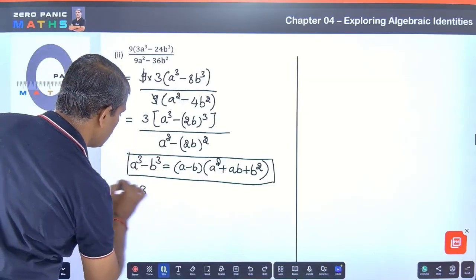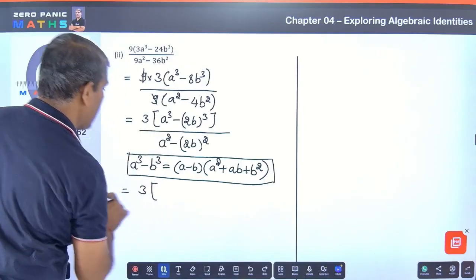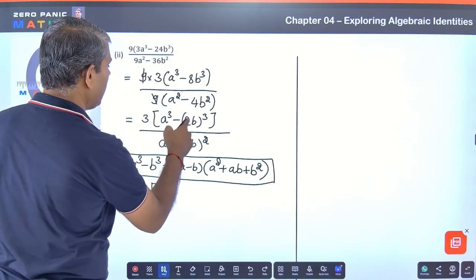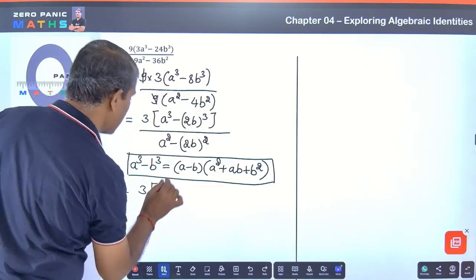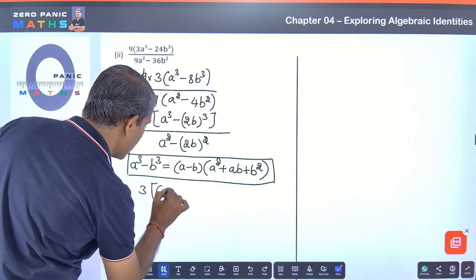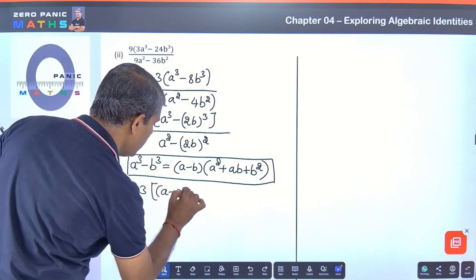So 3 in the numerator will be kept as it is, and a minus b, where b is 2b here and a is a only. So let me write that as a minus 2b.